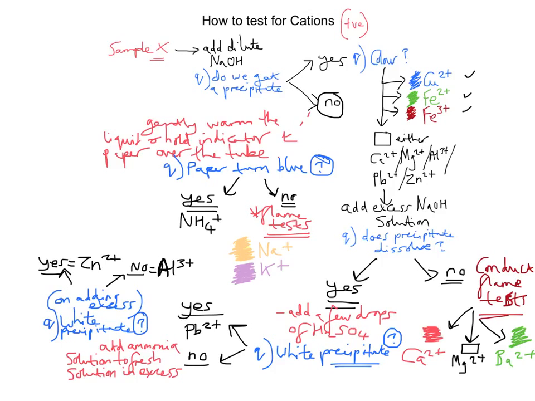You can see whether you've got calcium, magnesium, barium. You can see whether you've got zinc or aluminium. You can see whether you've got sodium or potassium. A whole range of ions here we can look for. And all we have to do is start at the top with our unknown sample and just follow this flowchart through. Okay, hope all that helps.